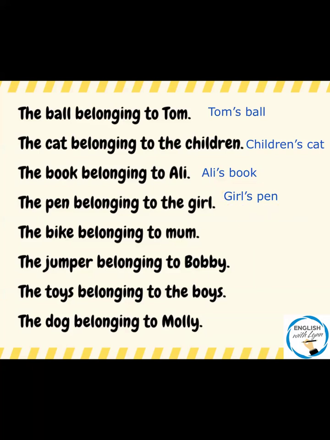Now, next one, we've got the bike, and it belongs to mum. So it is mum's bike. So what we need to do, we need to put mum, and then an apostrophe, and then an S, and then the bike, okay? And we've got the jumper belonging to Bobby.